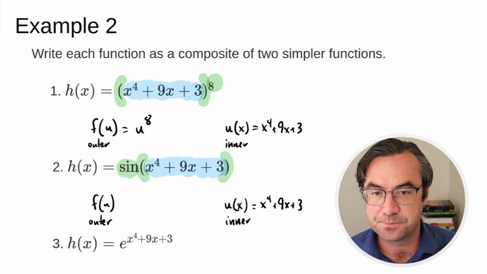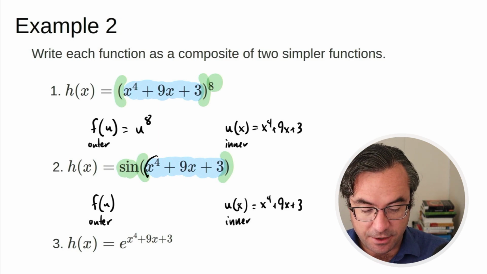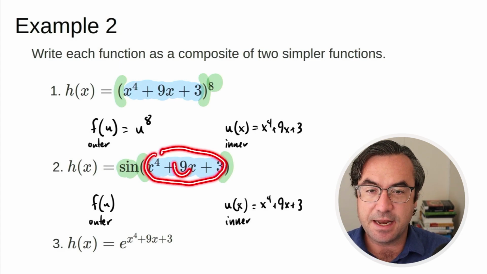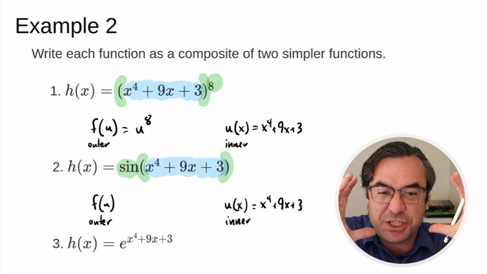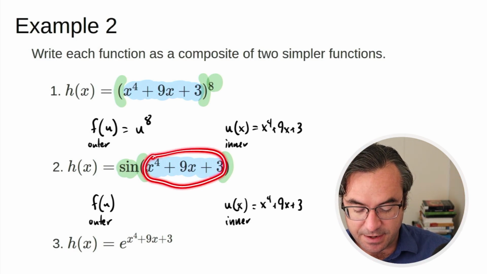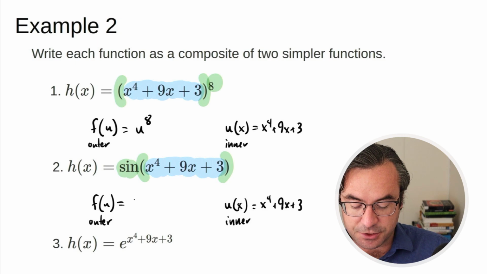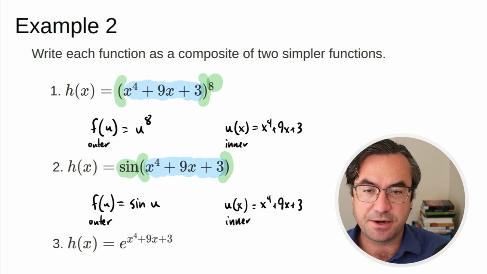And to get the outer function, you imagine taking all that stuff we just wrote down, and again collapsing that down to just a single variable. So what do we have left after we replace that with a u? Well, that's going to be our outer function. So in this case, it'll be sine of u.